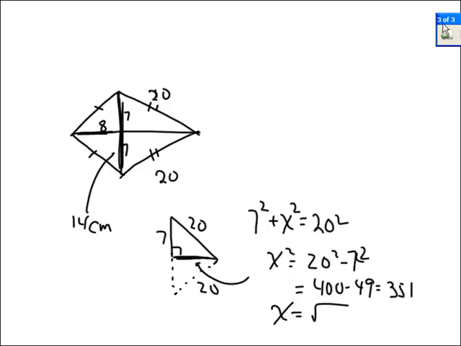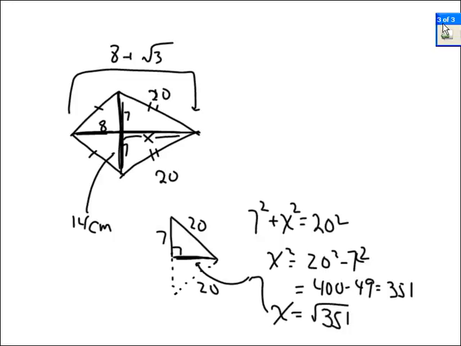So x is the positive square root of 351. So now I know how big x is. For now I'm done, because this long diagonal is 8 plus x. x is the square root of 351. And this other diagonal was given as 14 centimeters.